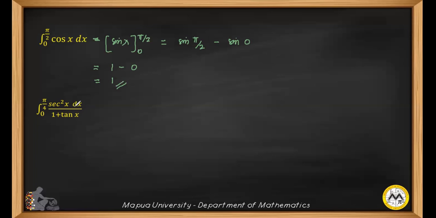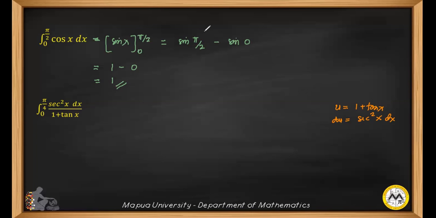Of course, we need to evaluate first the indefinite integral of secant square of x dx over 1 plus tangent of x, which leads to logarithm since the numerator is the exact differential of the denominator. So here, we can consider letting u be equal to the denominator 1 plus tangent of x, whose differential is secant square of x dx, which is, of course, the numerator.